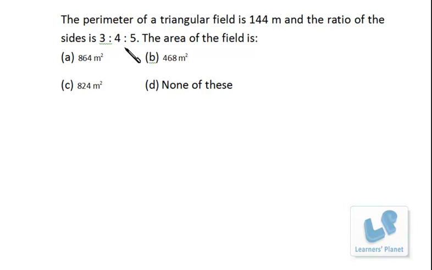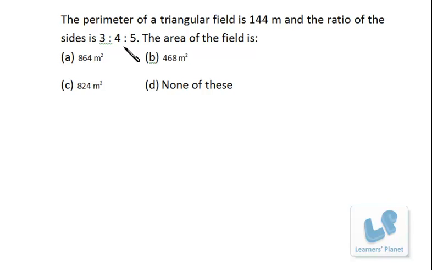Now the perimeter will be 3x plus 4x plus 5x, that is 12x. Now 12x is 144, that means x is 12, right? That means the sides are 12 into 3, 12 into 4 and 12 into 5, isn't it? Now the sides 36 and 48 are base and altitude.